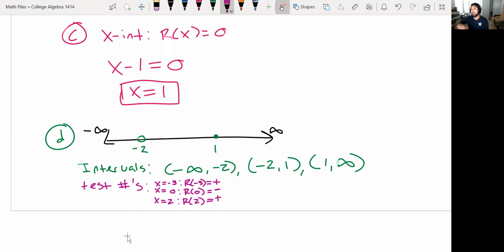From negative infinity to -2, we get any positive output, which means we will be above. From -2 to 1, we get a negative output, which means we will be below. And then from 1 to infinity, any number will give us a positive output, so we are above.